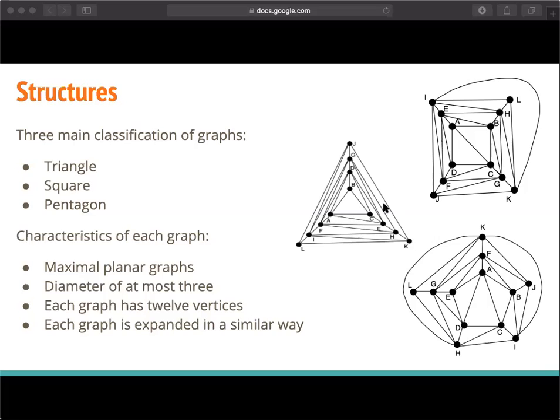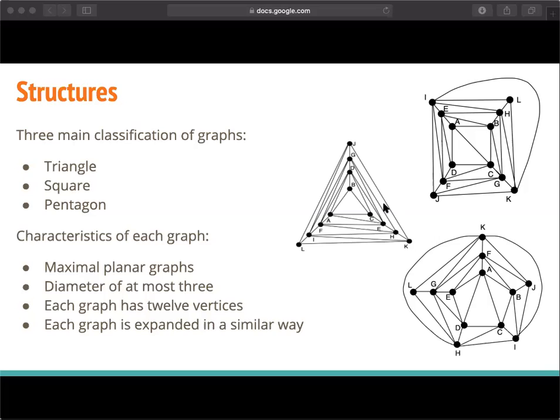So they were each constructed in a similar way, just that their base or initial structure was a different shape. So you're probably wondering why I didn't look at a hexagon or an octagon.